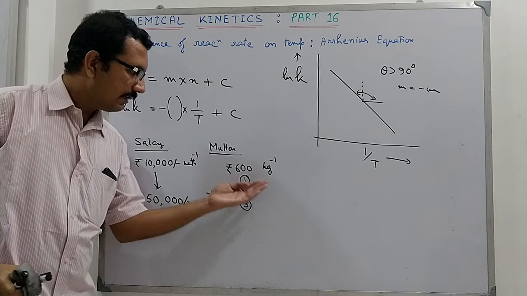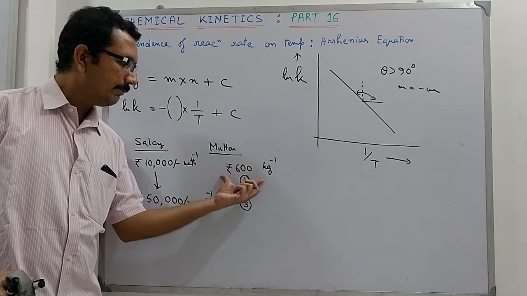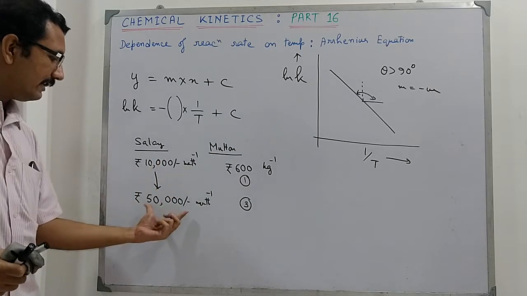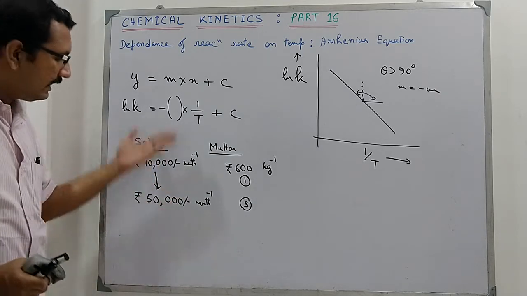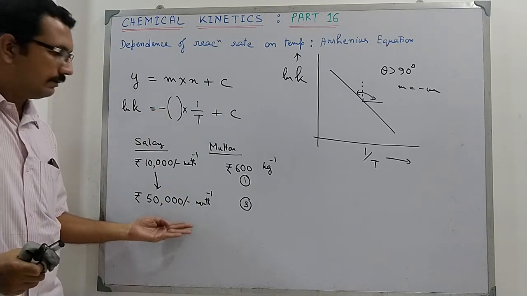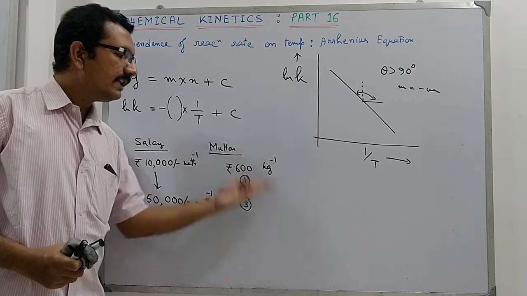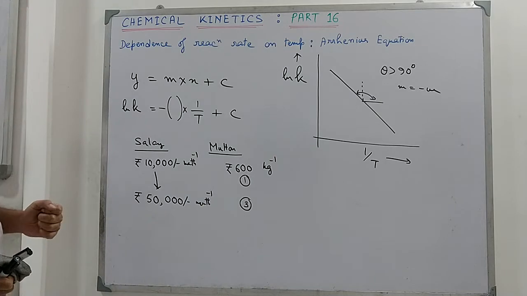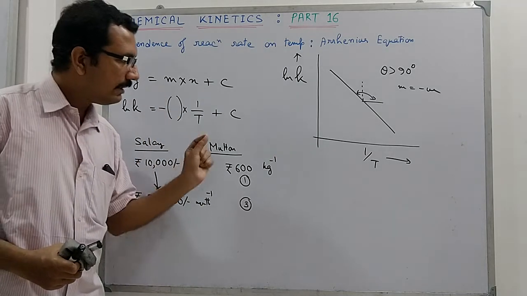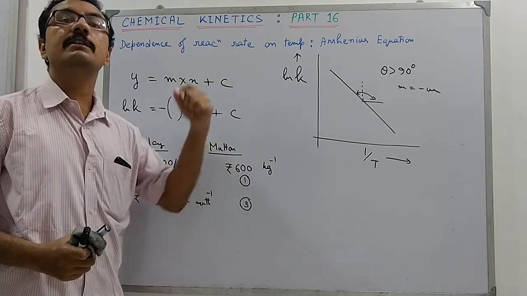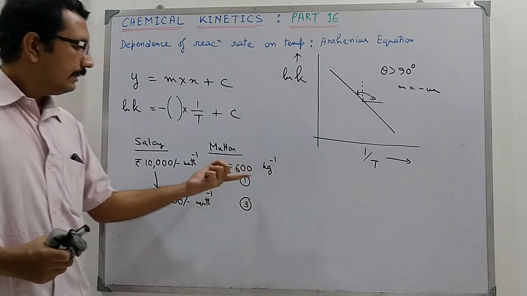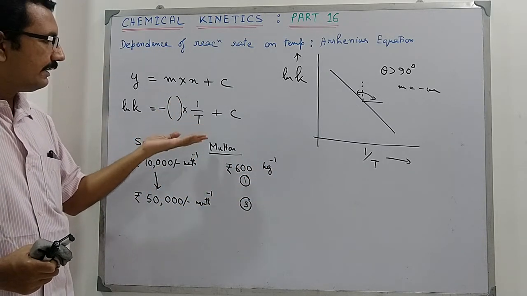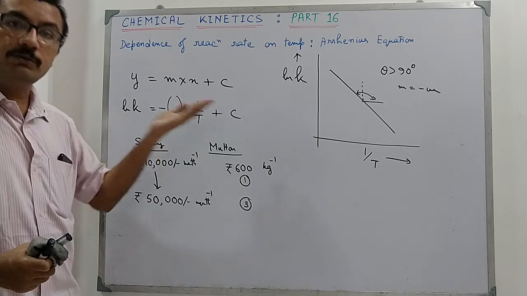Now, if there is a financial barrier for any object, that can be overcome by financial status only. So, if there is an increase in the financial status, the financial barrier can be overcome. Now, come to this problem. You see here, with increase in temperature, reaction rate increases. Now, what does increase in temperature do?